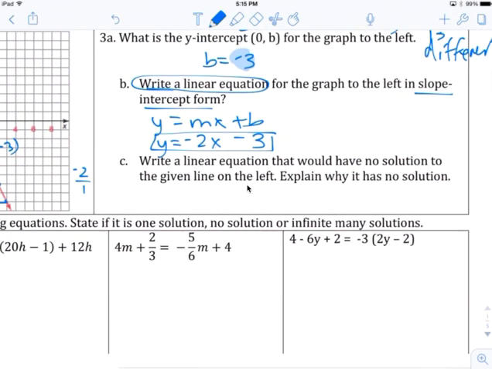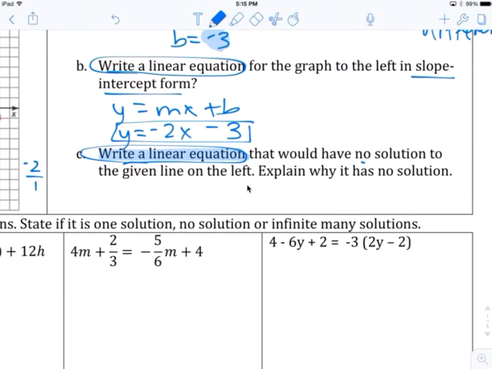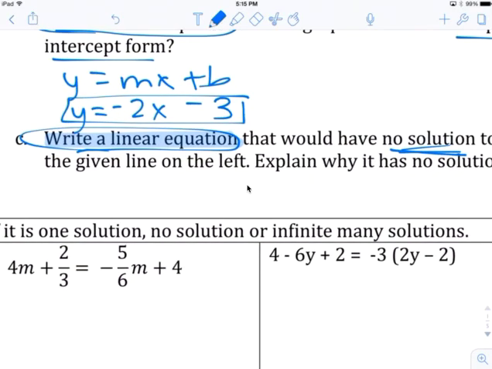Write a linear equation that would have no solution. Oh, no solution again. Remember, no solution means the rate of change is the same.